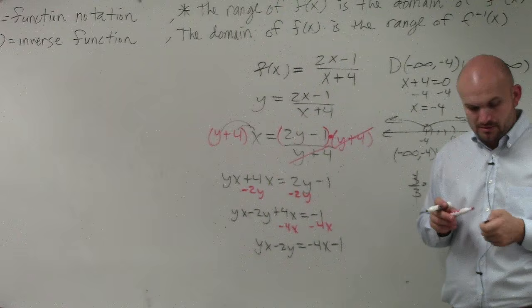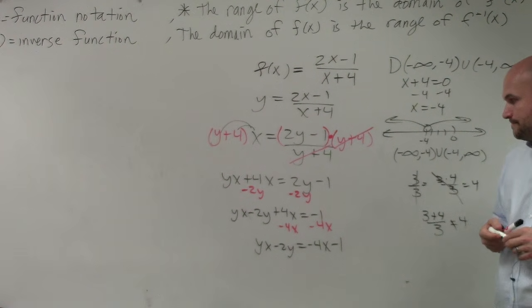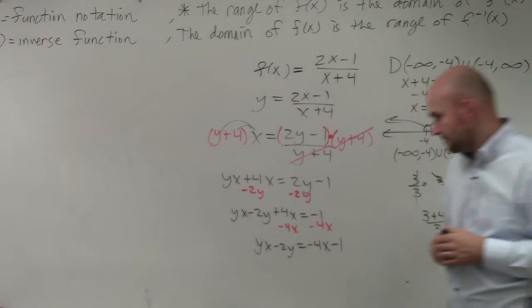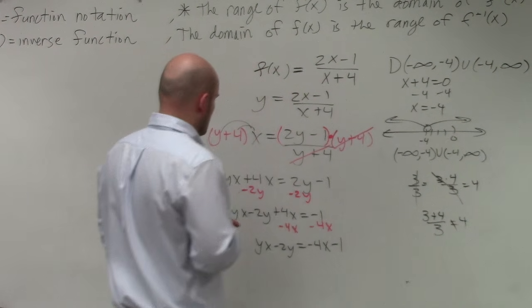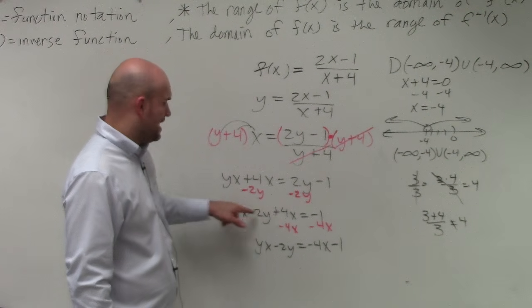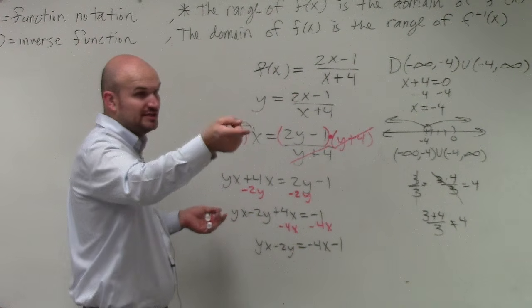Yes? I moved the 4x over. Yep. And I factored out yx out of yx minus 2y plus 4x. Well, you can't factor, you can only factor a y out of here. But yes, that's exactly the thinking that you need to do. Yes.